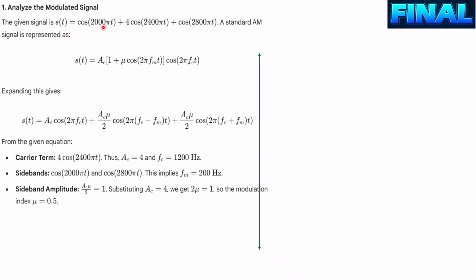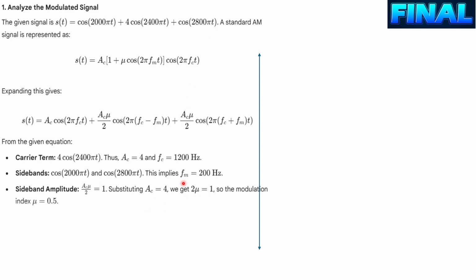Here are the frequencies. 2400 pi equals 2 pi f, then f will be 1200. That is why 1200 is your carrier frequency, and the sidebands, that is 2000 and 2800, belong to the sideband, and you can find the frequencies with respect to the LSB, that is 1000, and 1400 for the USB.